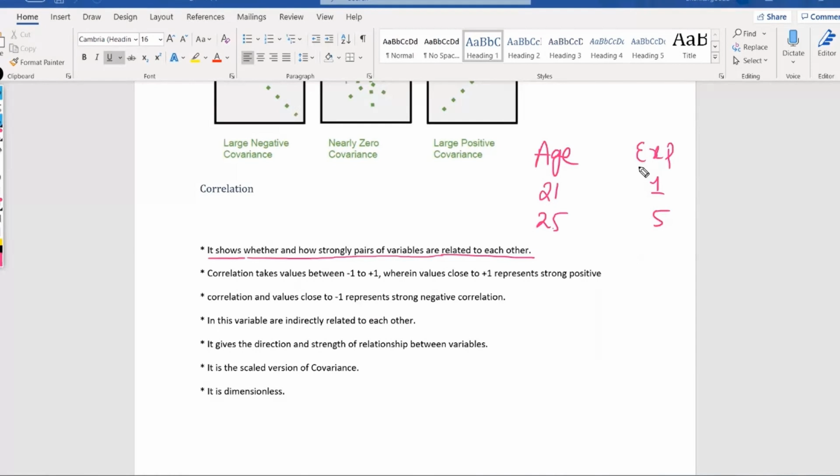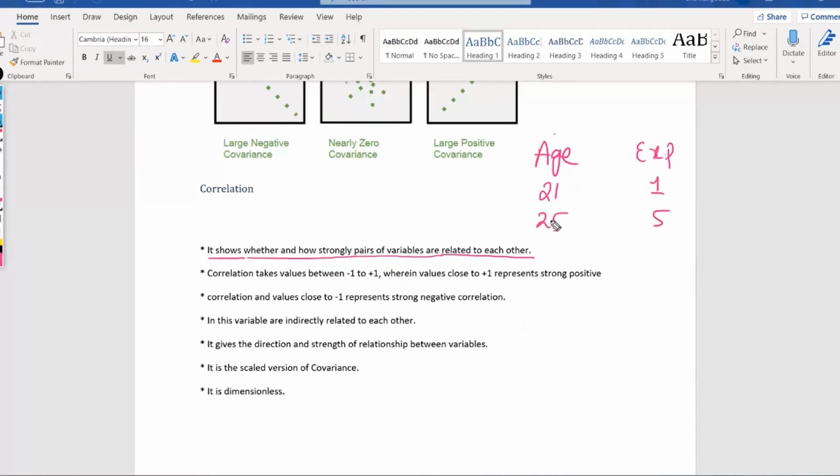How much relation do we have between these two variables, age and experience? Is it directly related? If it is directly related, how strong is the relationship? That is what the correlation is going to show.